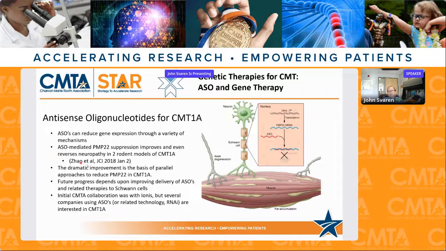And they were able to provide data that in 2 rodent models of CMT1A, application of ASOs was enough to reverse the neuropathy, and even some improvement was seen in these rodent models of neuropathy. And in fact, this confirmed that reducing the levels of PMP22 is a viable approach for treating CMT1A.